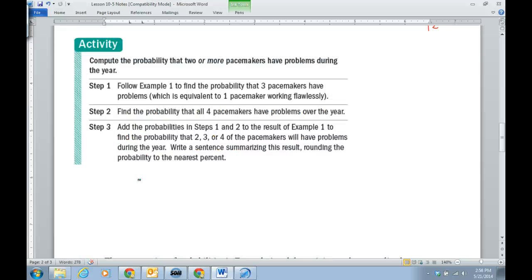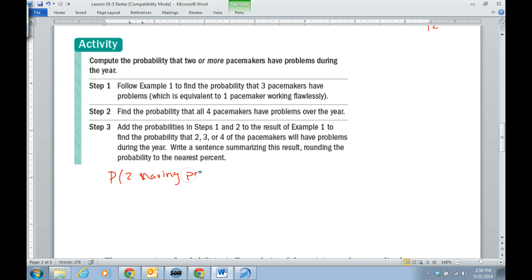Okay, so we are going to be looking at an activity that I'm going to do with you right now. We want to compute the probability that 2 or more pacemakers have problems during the year. Okay? So in order to do that, what we really need to do is find out the probability of 2 having a problem.